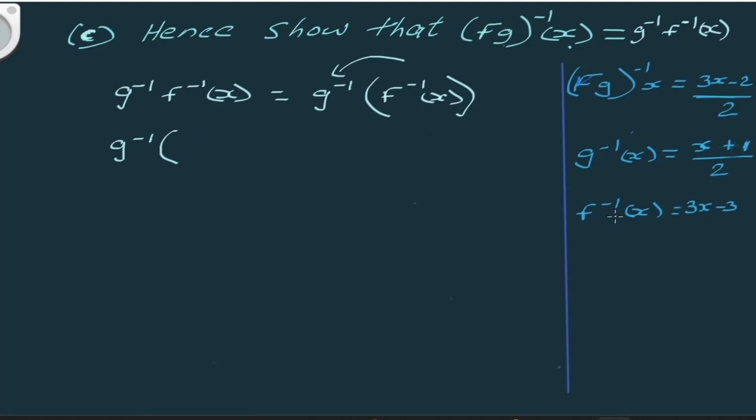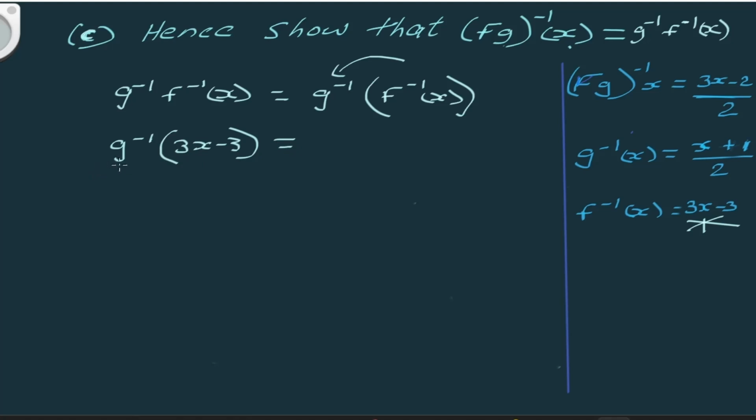And since the inverse of function f is 3x minus 3, we're going to replace it with 3x minus 3. So the inverse of function f can be replaced by 3x minus 3 because they are the same thing.